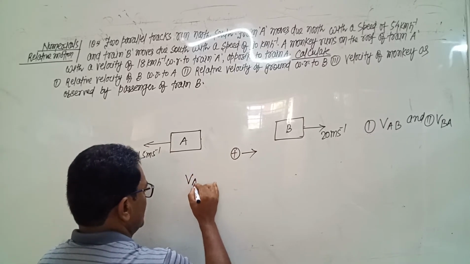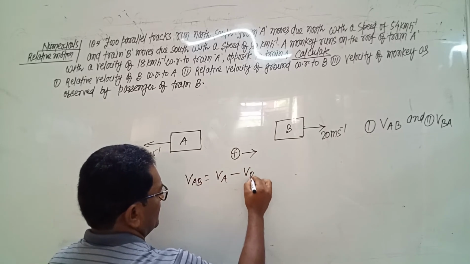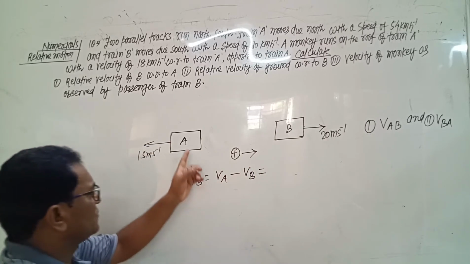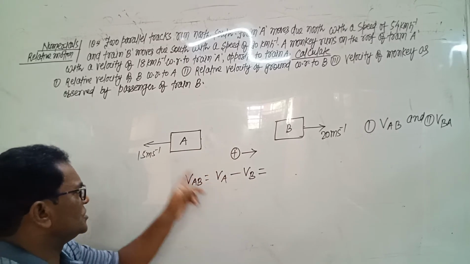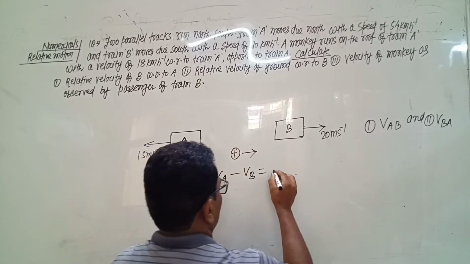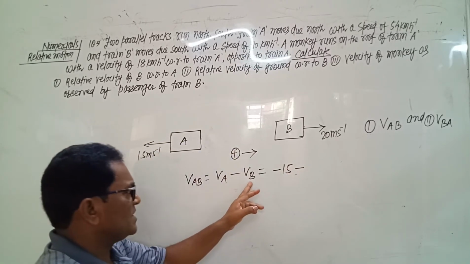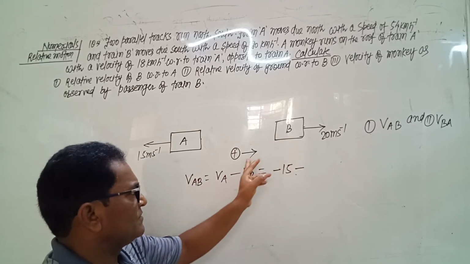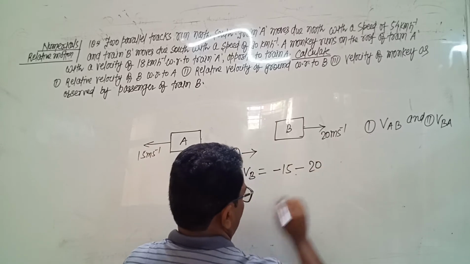So VAB equals VA minus VB. The direction of A and our assumed direction are directly opposite, so A is taken negative, minus 15, minus VB. B has the same direction as assumed, so it is taken positive, 20.